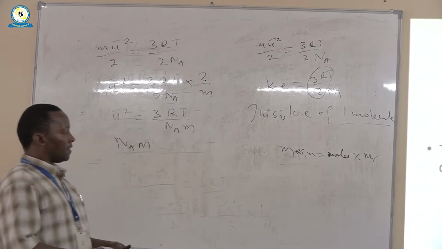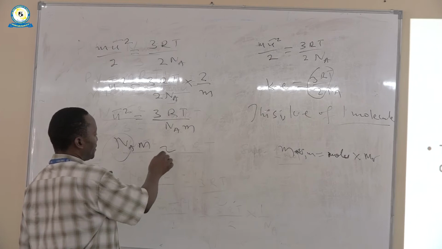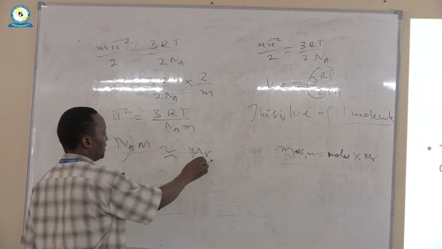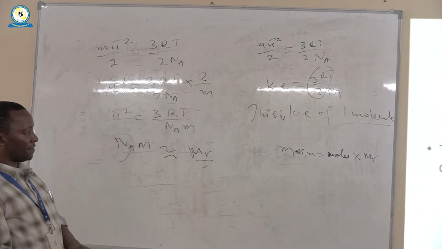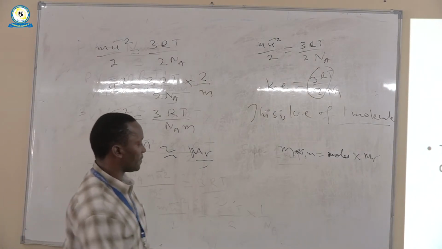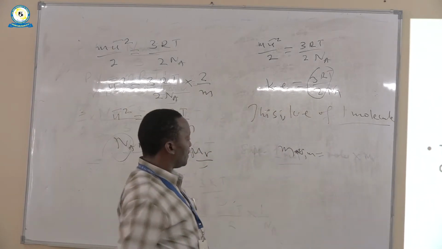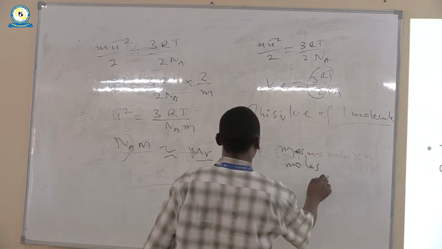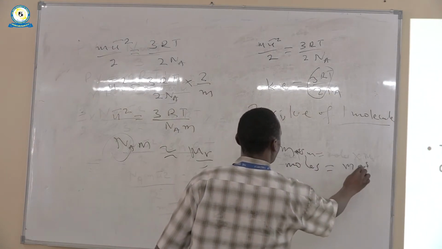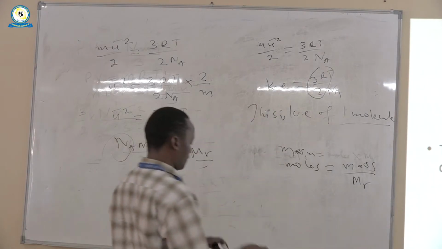Since it is an Avogadro number, we have usually the formula mass over molar mass.